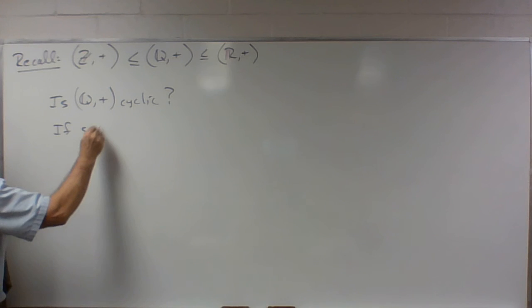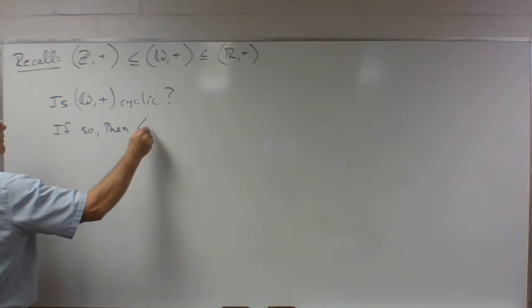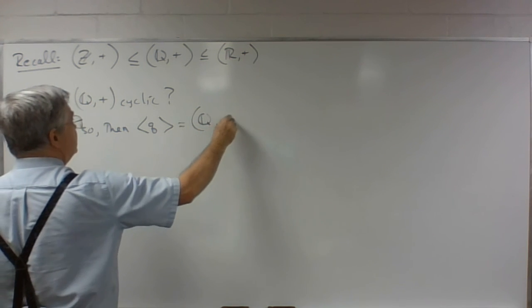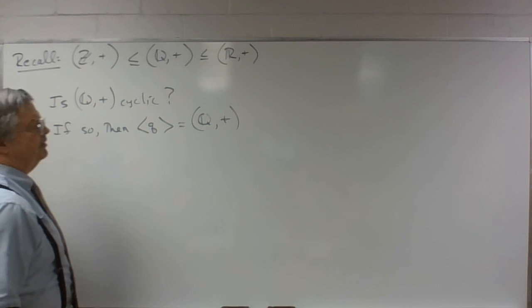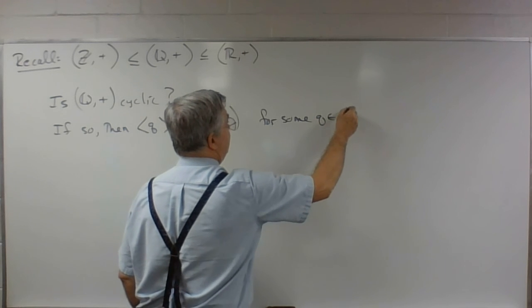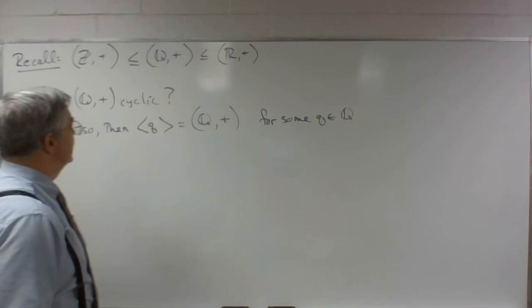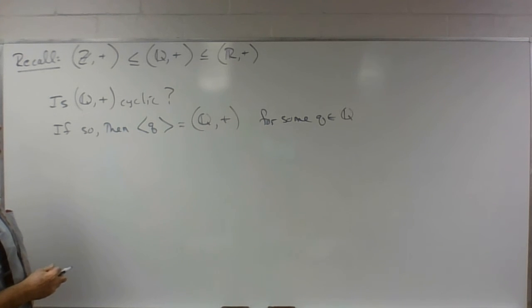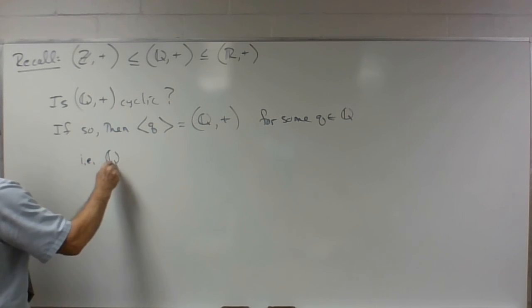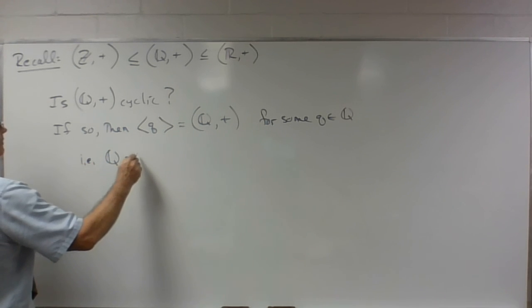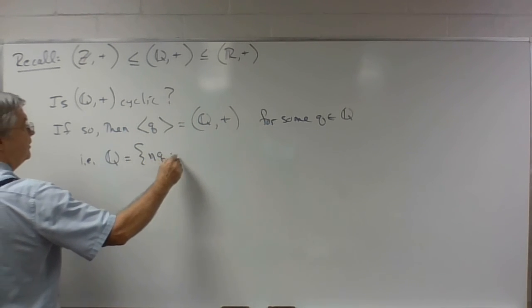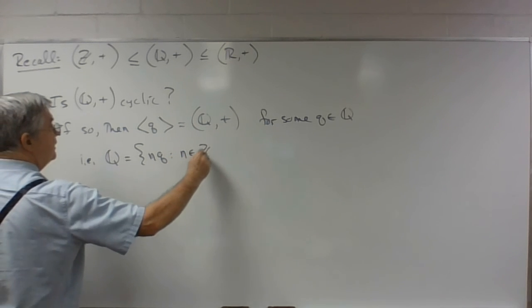If so, then the rationals are generated by some rational number q. And that is to say that the entire set of rationals is equal to the set of n times this element q, such that n is an integer.